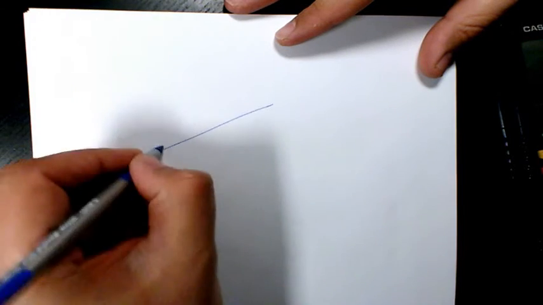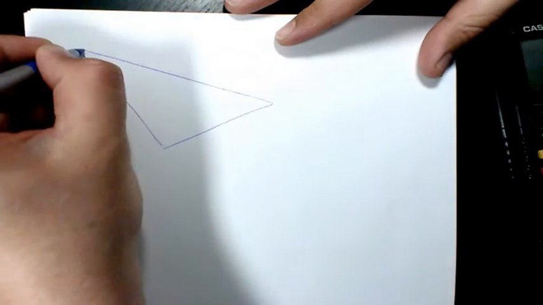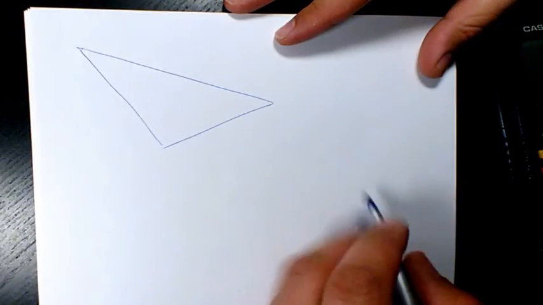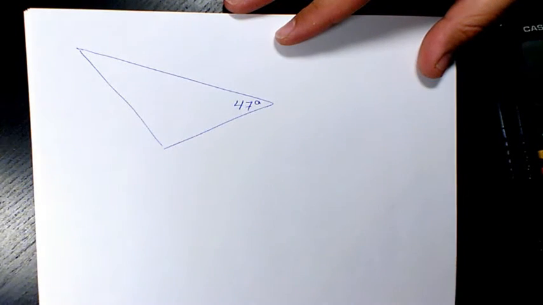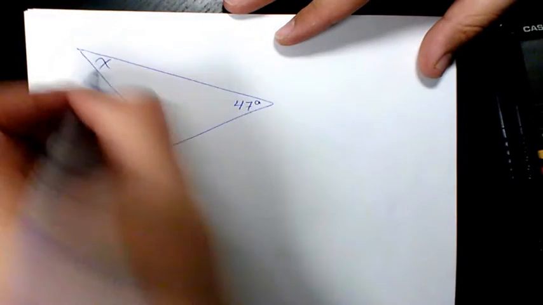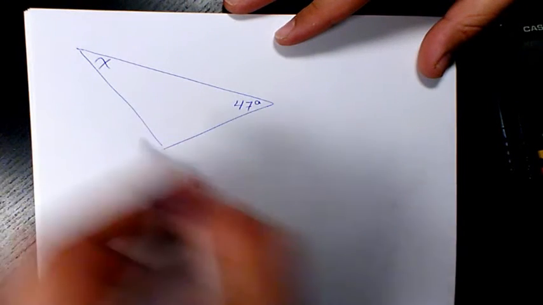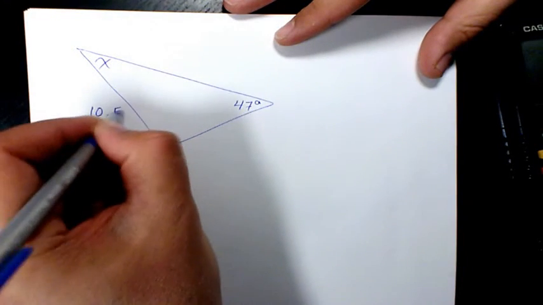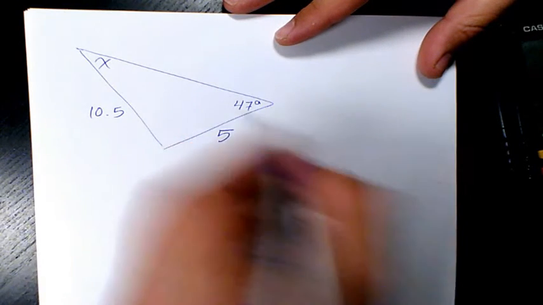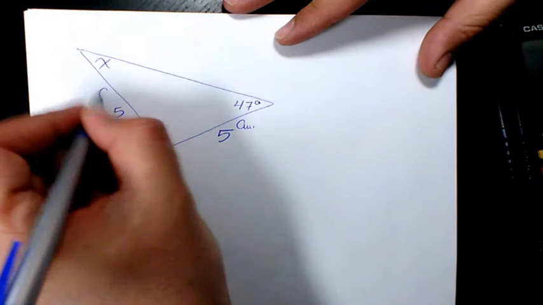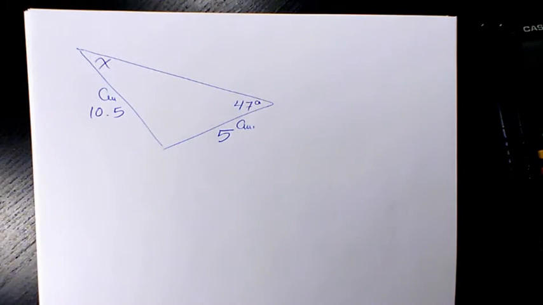Next example. Here we have 47 degrees, we have x here, we have 10.5 here, and we have 5 here. Let's say 5 centimeters and 10.5 centimeters.